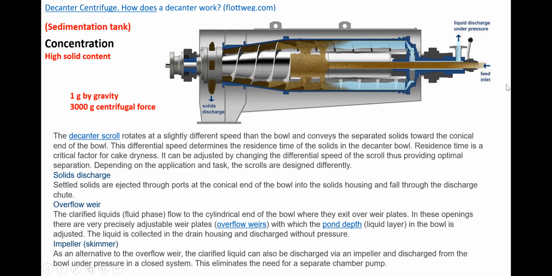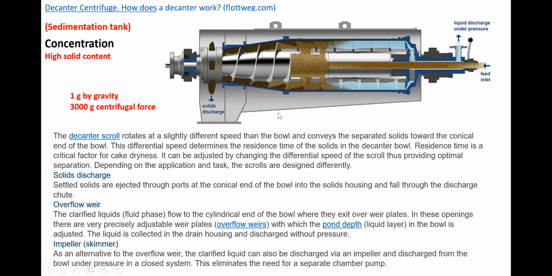Typically, it is for any feed that is high in solid content, for example, wastewater having sludge, like mud. If you want to remove the sludge from the wastewater, you can use a sedimentation tank, especially what we call a decanter centrifuge. If we use just a normal decanter, where the sludge just sediments under gravity force, called 1G, then we call it a normal or conventional decanter.